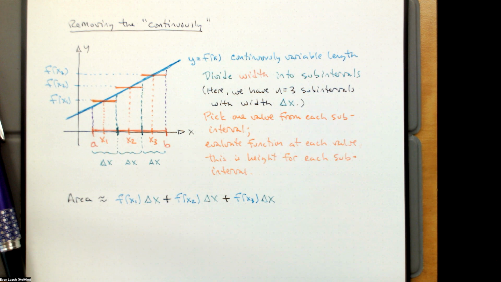We still have the variable part. We took out the continuously variable part. We can see that there is some area that's missing from each interval, and there's some area that's included in each interval.